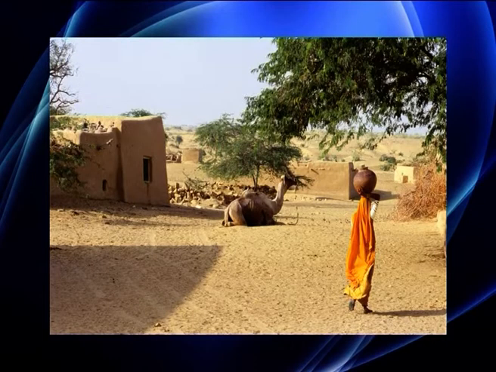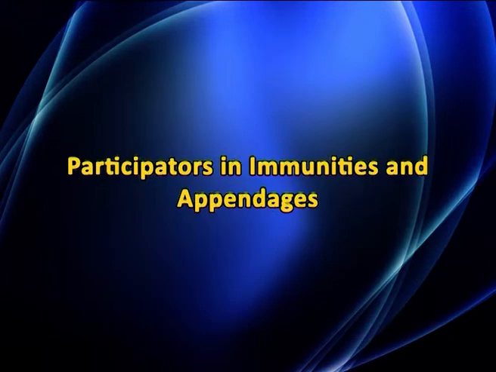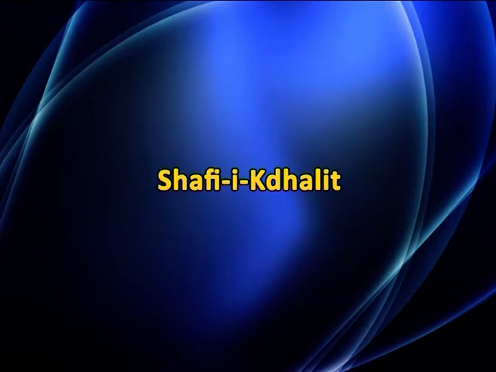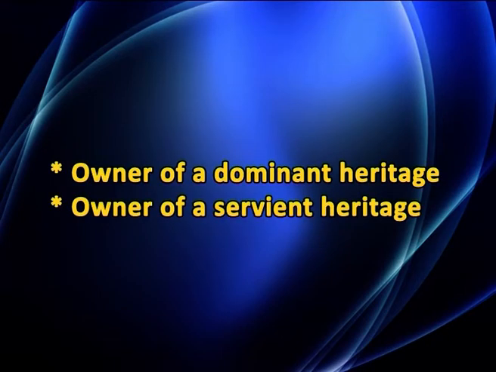This class consists of those persons who enjoy a common privilege like a common right of way or right to discharge water or any other common right to use a property. These persons are called participators in immunities and appendages. The following persons may claim the right of pre-emption as Shafi Khalit: the owner of a dominant heritage or the owner of a servient heritage.